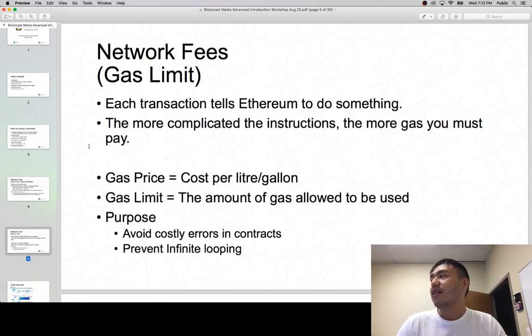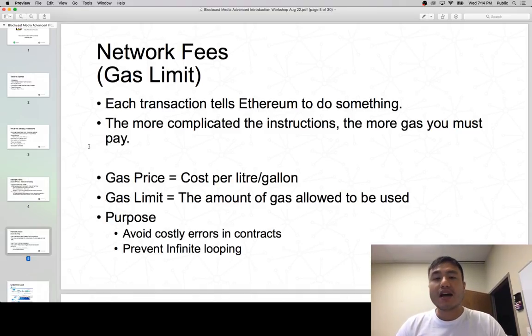So these things were put in place to ensure that if you tell the Ethereum network not just to do an Ethereum transfer from point A to point B, but you're, say, telling it, hey, go to this smart contract and tell the contract to send or transfer tokens from this address to this address, you're telling the Ethereum network to do a lot more.